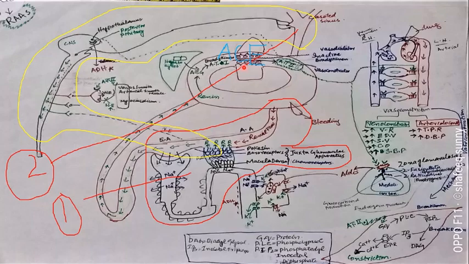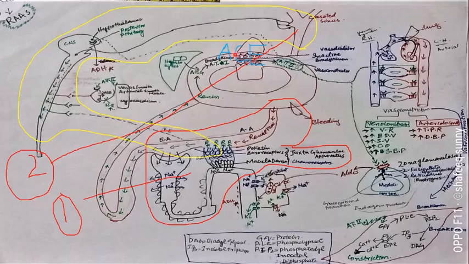There is another product in the blood that is called bradykinin. Bradykinin is broken down by the angiotensin converting enzyme and becomes inactivated. And you know well, bradykinin is a vasodilator and angiotensin 2 is a potent vasoconstrictor.